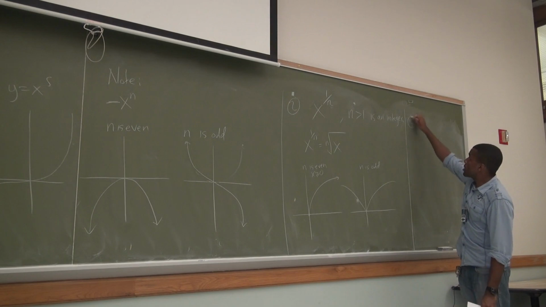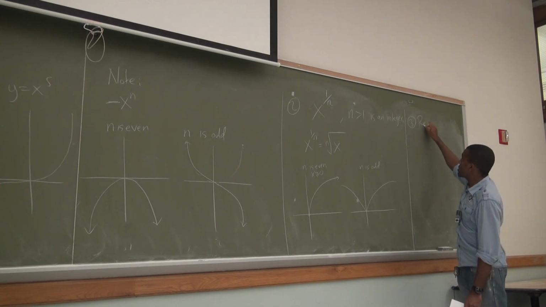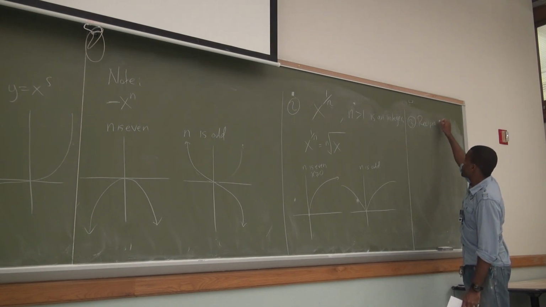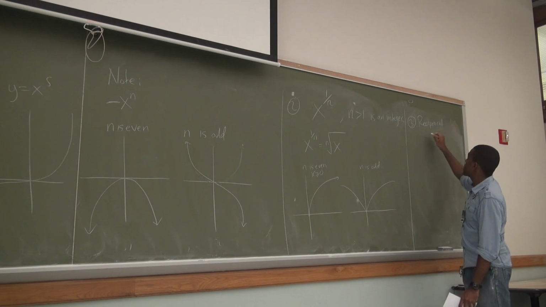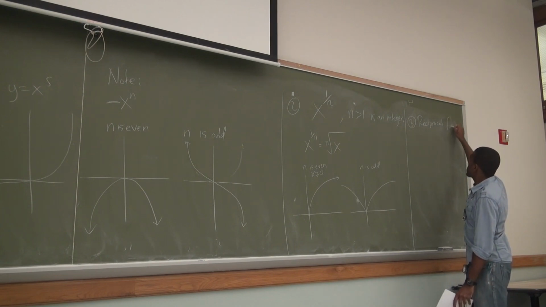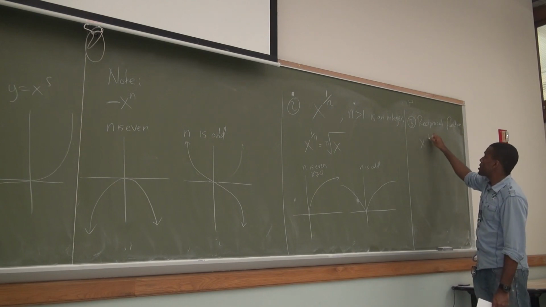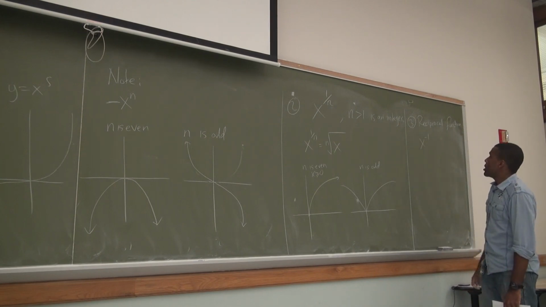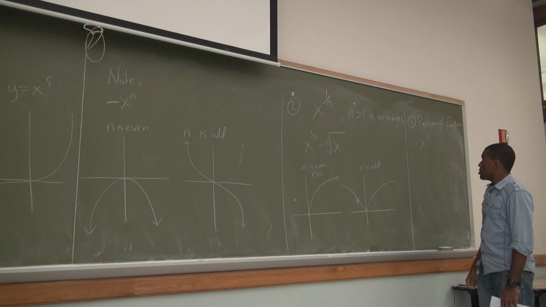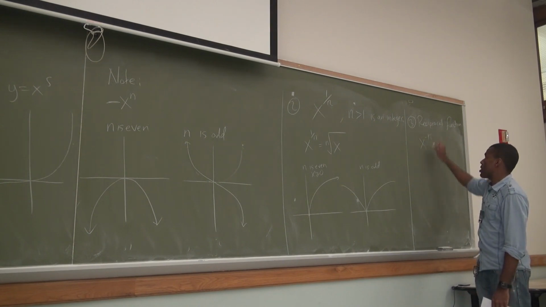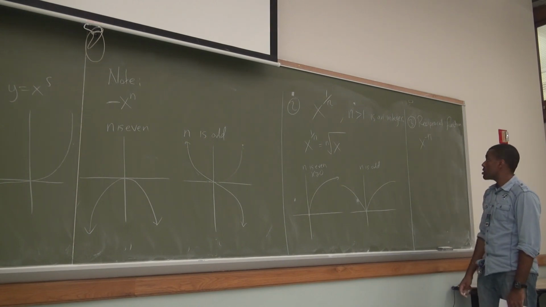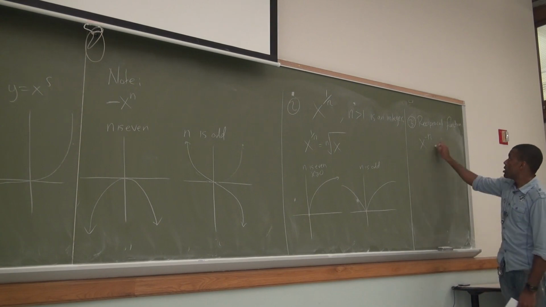The third kind of power function is the reciprocal function. So it's x to the minus 1. You can even do this in general. Your book talks about x to the minus 1, but x to the minus n is more general, where n is a positive integer.